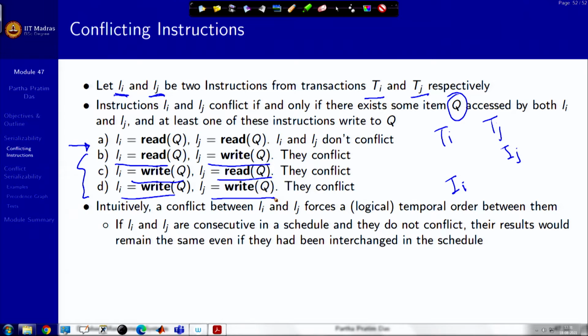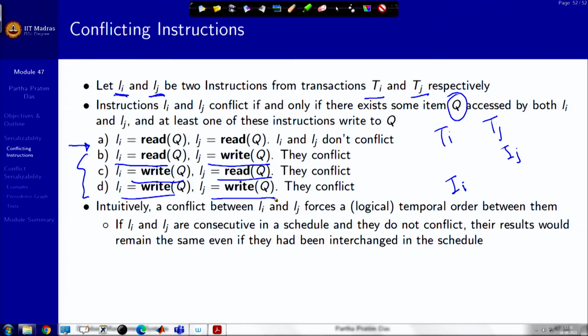So, they conflict, right. Any two instructions from two transactions, if any one of them is writing a data item which the other is reading or writing, then there is a conflict between these two instructions.